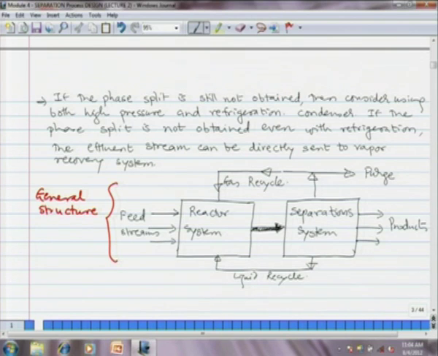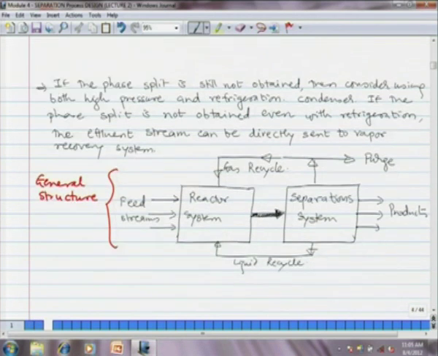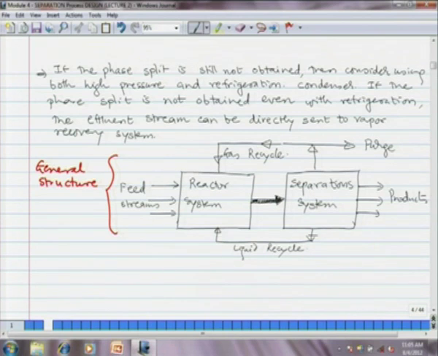If the phase split is not obtained even with refrigeration, then the effluent stream can be directly sent to the vapor recovery system, to take off only the vapor component, that is reactant, and all the gaseous products are then either recycled or they are recycled and purged, so that the inerts or whatever are the gaseous components that can be deleterious for the process, it may be like catalyst poison, etc., their concentration is kept below limit.